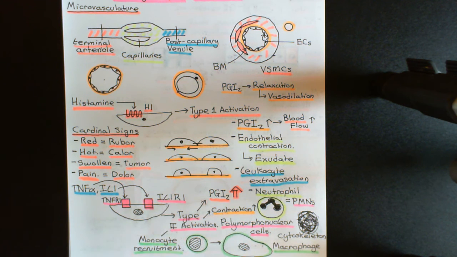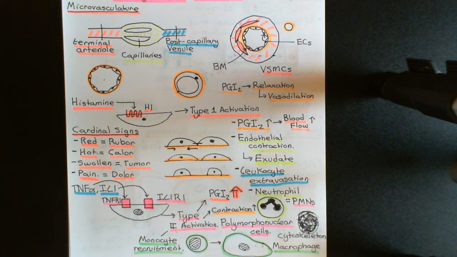And we're also going to start recruiting leukocytes, white blood cells, from the bloodstream, which will be able to attack the pathogen as well. And specifically, after type 1 activation, the endothelial cells of the capillaries and postcapillary venules will recruit neutrophils.